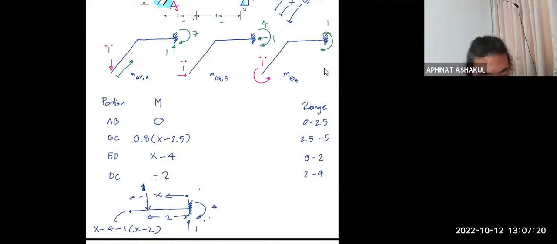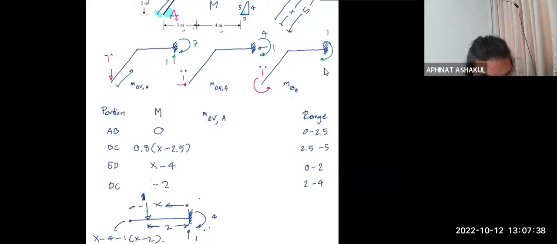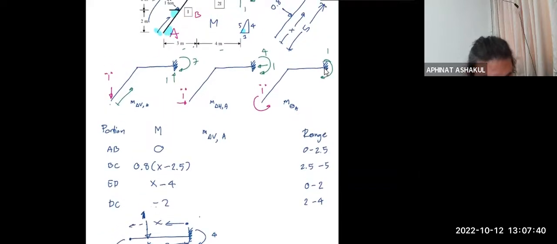All right. So this time we're going to write the moment equation for the vertical displacement at A. And now because I choose my origin like that, it becomes very easy. Okay, this is a vertical load, so if that's the angle, that is the angle.